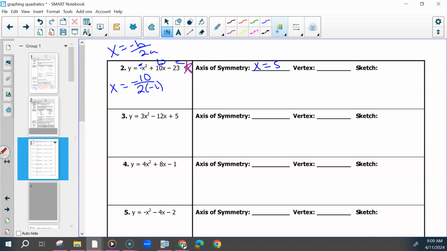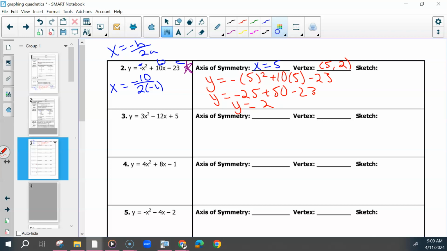And then put that into all of your x values to find your y value. You can either put that into your calculator or find it algebraically. Well, 2 would be our y value. So our vertex would be 5, 2.